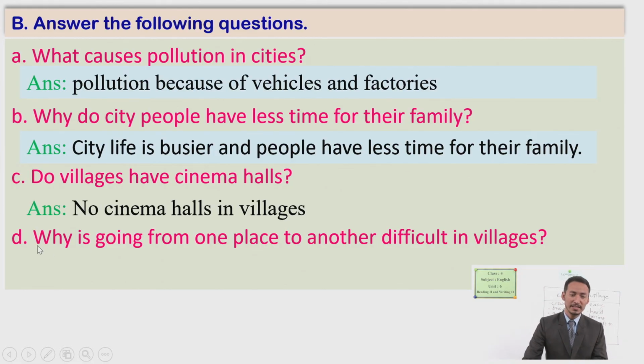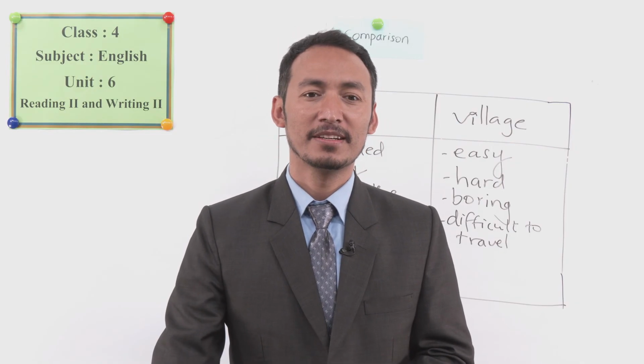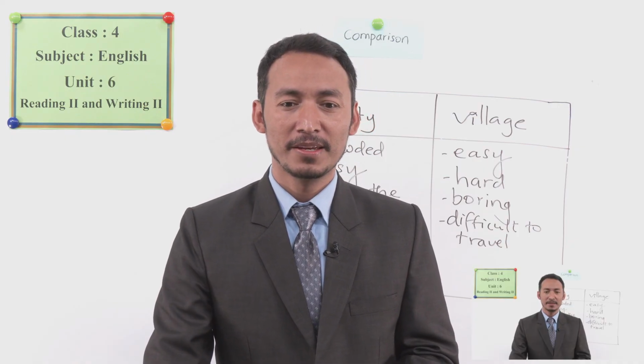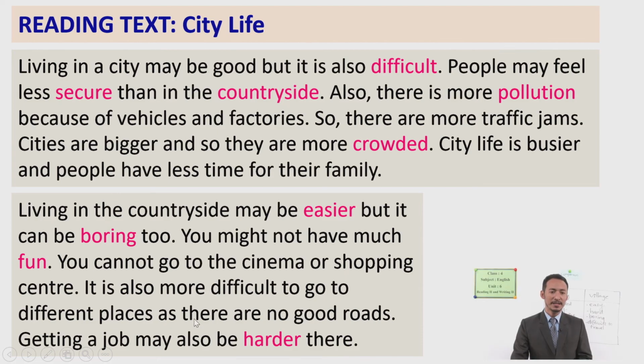Okay. Now D: why is going from one place to another difficult in villages? Why is going from one place to another difficult in villages? So what is the reason? Why can't you go from one place to another place easily? What is the reason? Because, look at here, it is difficult to go to different places as there are no good roads.